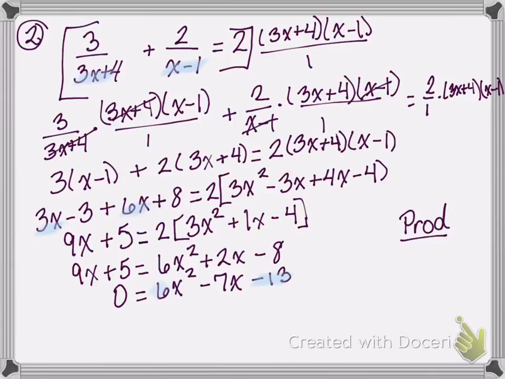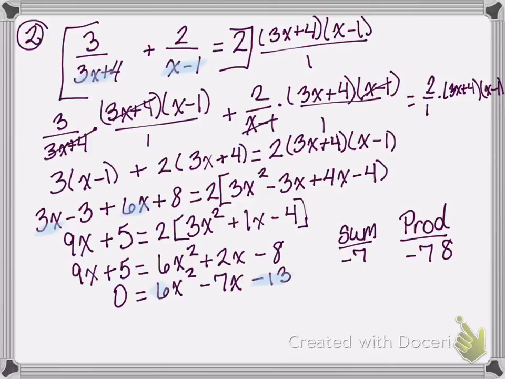So my product is going to be negative 78, and I get negative 78 from multiplying the 6 and the negative 13. So my product again is negative 78. My sum is going to be that middle term that's associated with b, and I get negative 7. So there's my sum and my product.